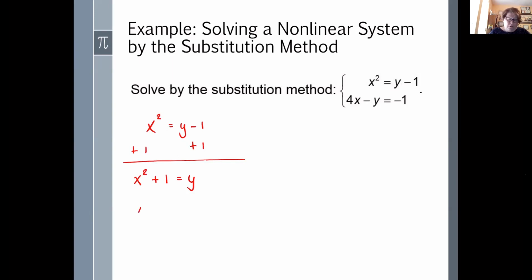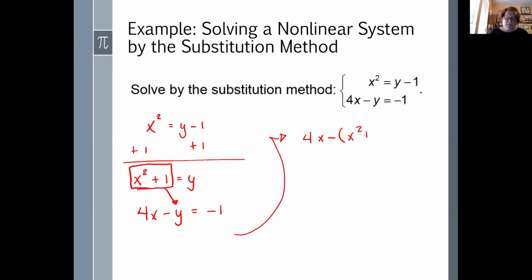So let's see, we have 4x minus y equals negative 1. And I'm going to plug x squared plus 1 in for y. And I'm going to make sure I put parentheses around it so I don't have any sign errors. So I have 4x minus (x squared plus 1) equals negative 1.